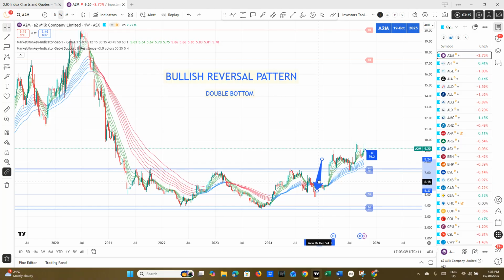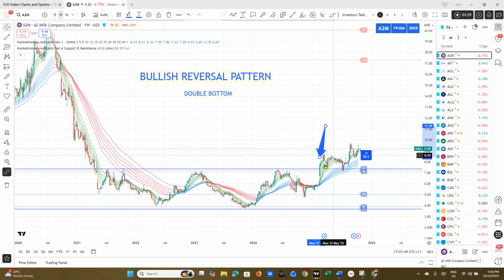So what we're looking for is a nice break through this resistance-turned-support line. You can see on the market that's triggered quite a few buys here. You could sometimes get caught out by a fake out: if you bought here, it could fake out and come back down again.